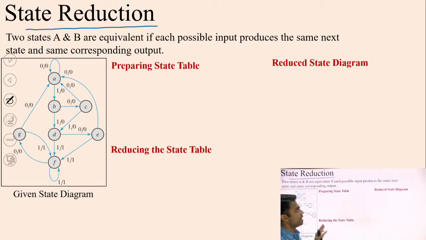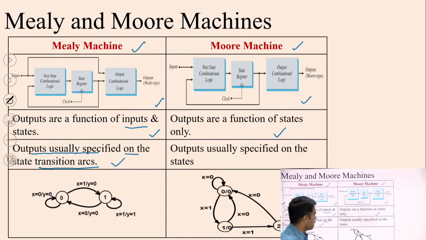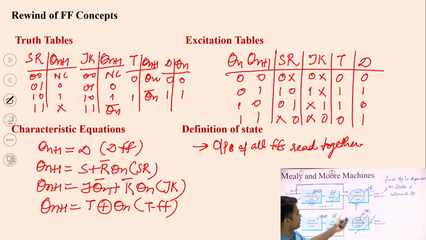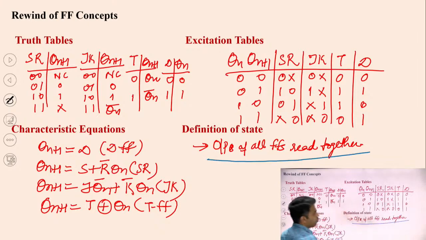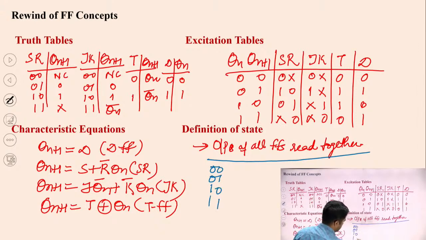So a state diagram is provided. Like we have mentioned in the definition of state, it is the output of all flip-flops read together, so those outputs can be 00, 01, 10. If there are 2 flip-flops, then there can be 4 different states. If there are 3 flip-flops, there can be 8 different states. How many will actually be there, we have to check.